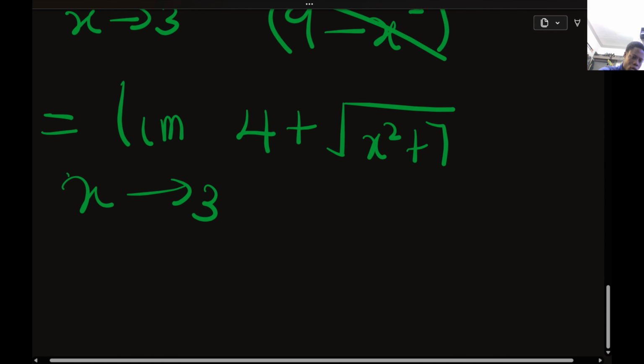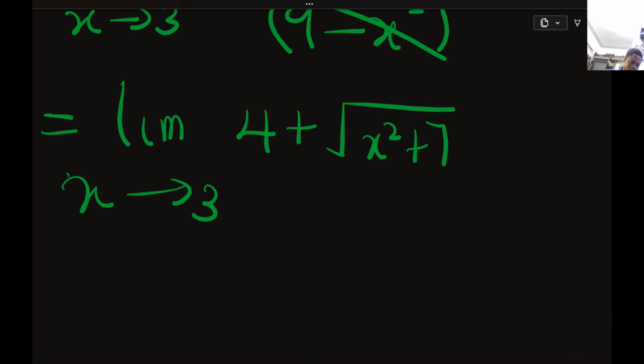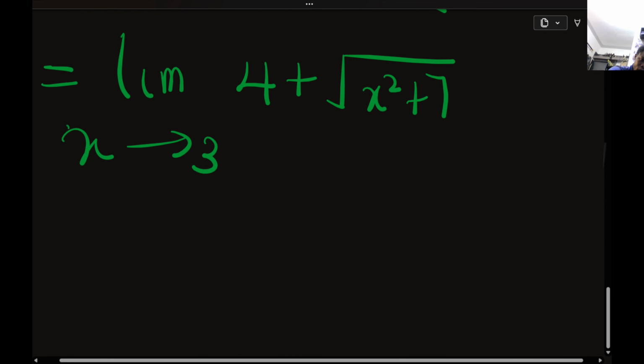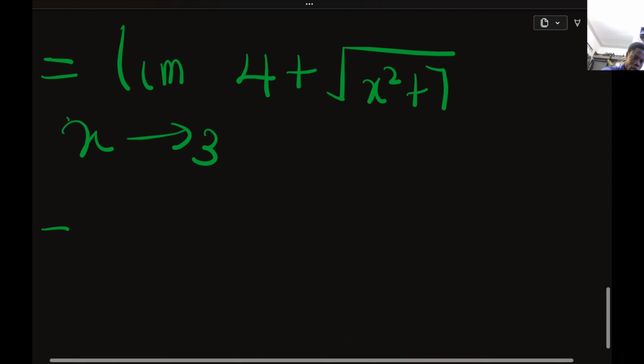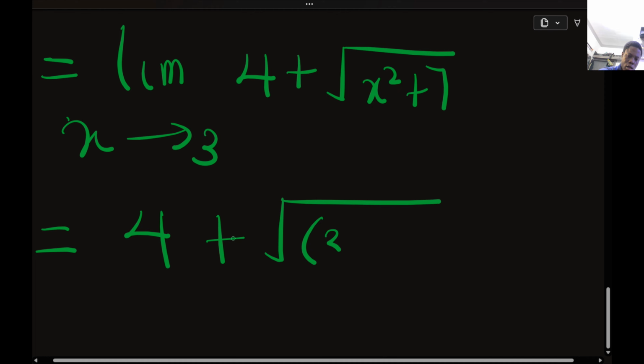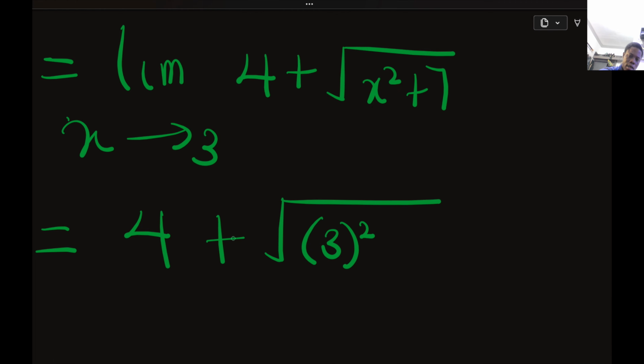So we continue. Now we can plug in the value of x and we'll get a defined expression. So let us plug in the value of x now. We get 4 plus the square root of 3 squared plus 7.